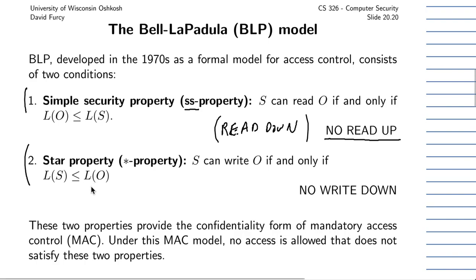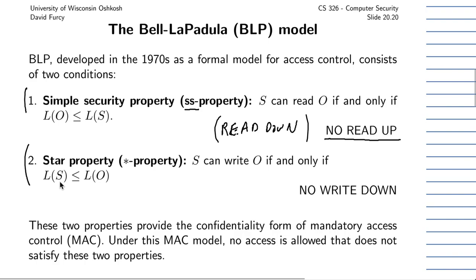So what that means is that everything that a person can write will only be accessible to people with the same clearance as them or higher. So a person at the level of, say, confidential is going to be able to write documents that only people with a clearance of confidential or secret or top secret are going to be able to read.